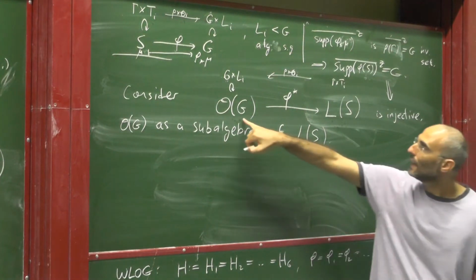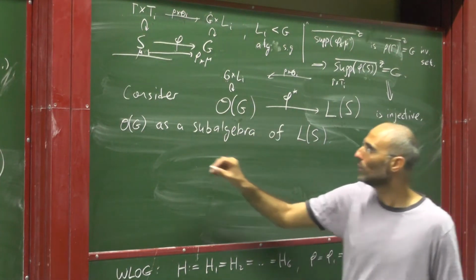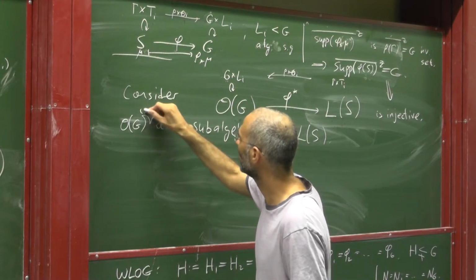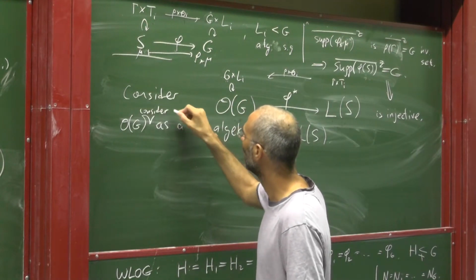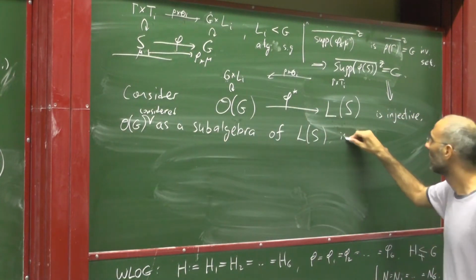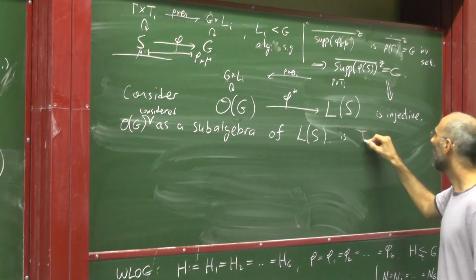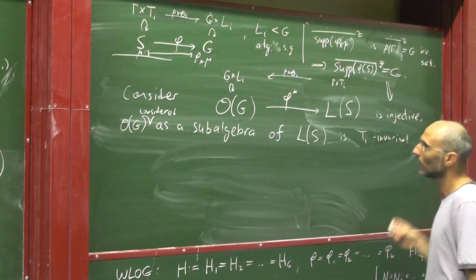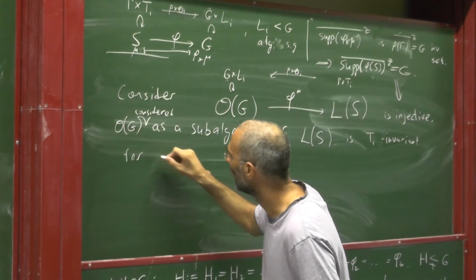But now I may think of this O of G, considered as a subalgebra of L of S, is T_i invariant for all i.